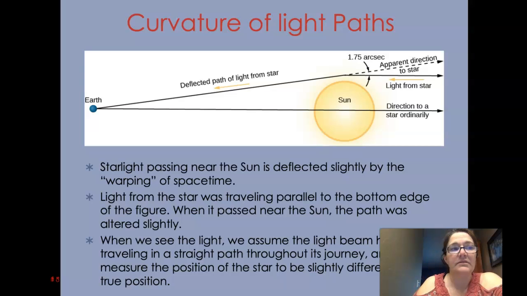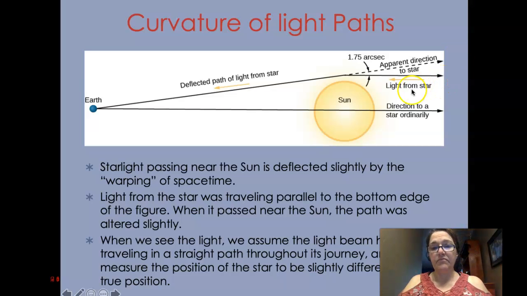So we talked about how the fabric of space gets bent. When we talk about black holes in the next section, we'll talk about how light rays get bent along with that fabric of space.